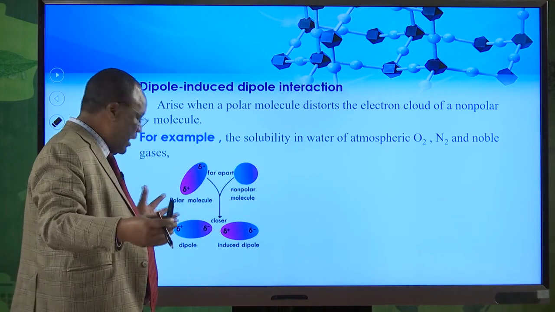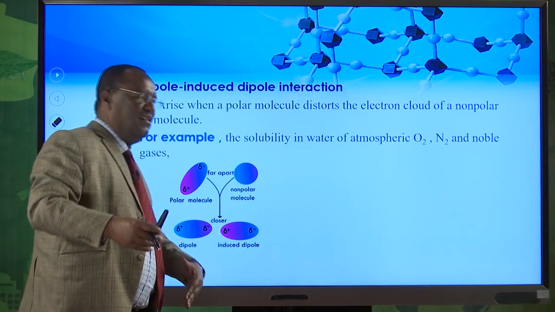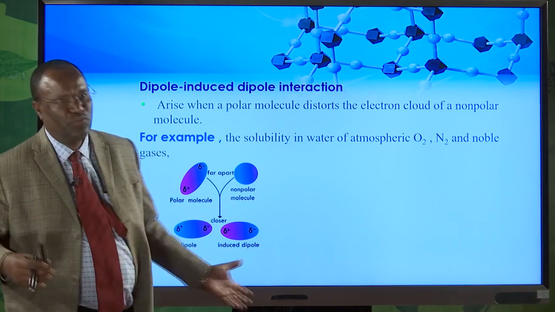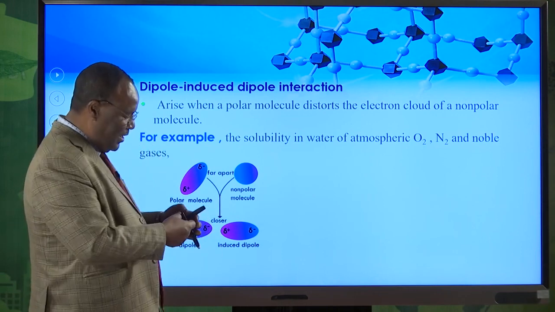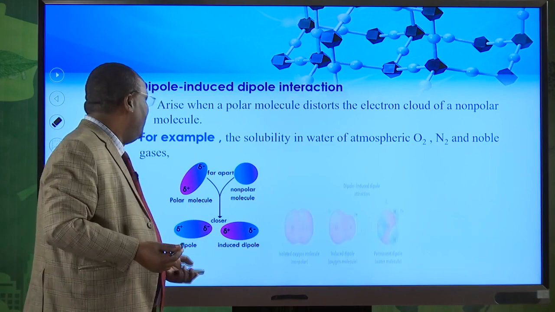But when they come closer together, the electron cloud of the non-polar molecule is distorted and induced. When they come closer, electrons move to one side and attain a temporary charge. In this case, attraction between the dipole and the non-polar molecule happens.